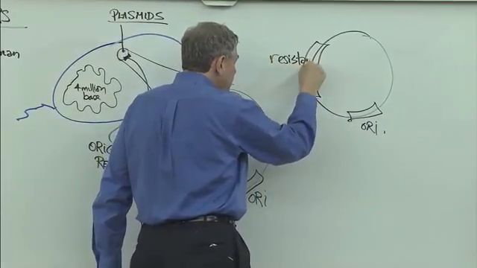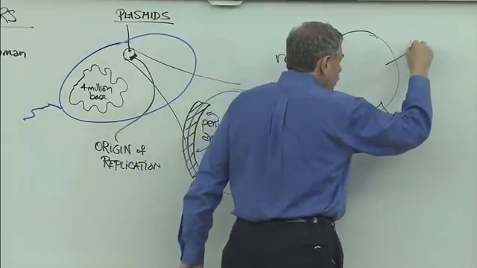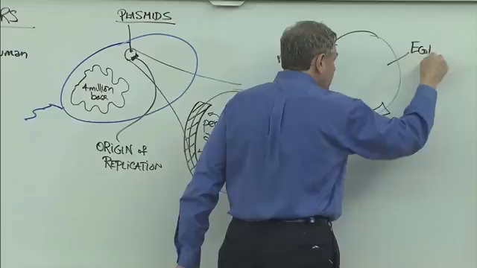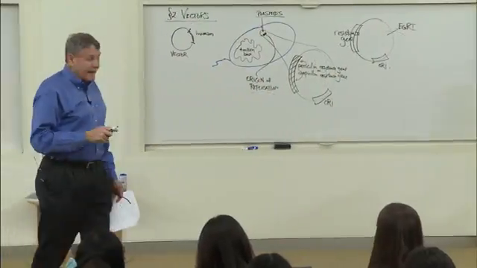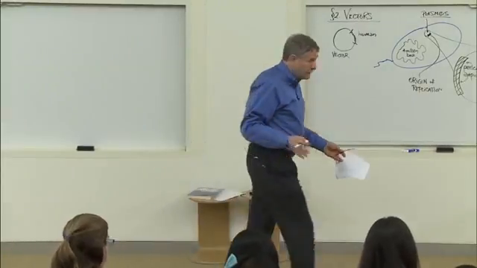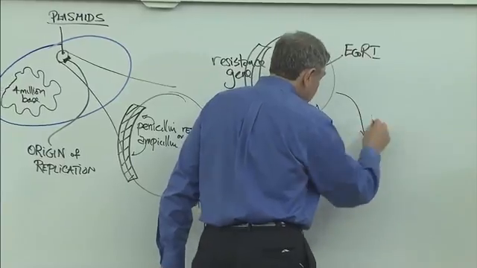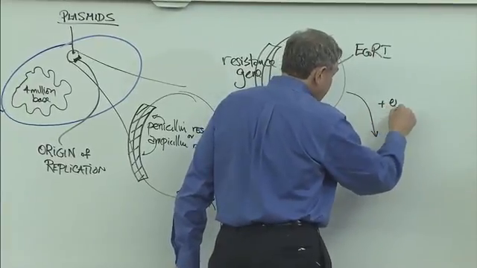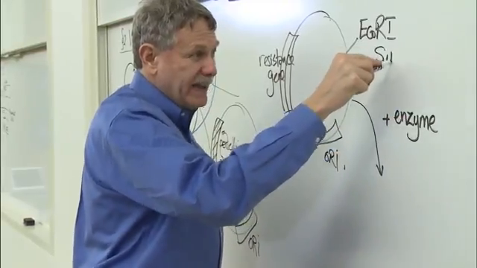And maybe we are so lucky that it has one and only one site for the enzyme EcoR1. Then we would be able to take EcoR1, cut that plasmid, and open it up. If we add EcoR1 here, so we add plus the enzyme, this is an EcoR1 site.